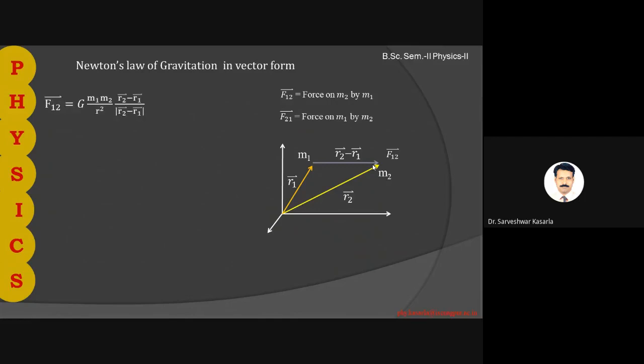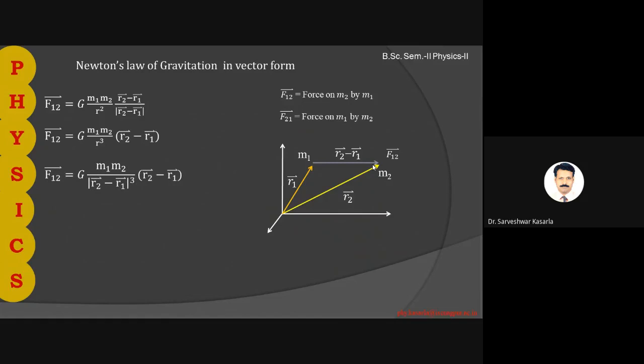So F12 can be expressed as G m1 m2 upon r square into vector r2 minus r1 upon mod of r2 minus r1. So it can also be expressed as F12 is equal to G m1 m2 upon r cube into r2 minus r1.